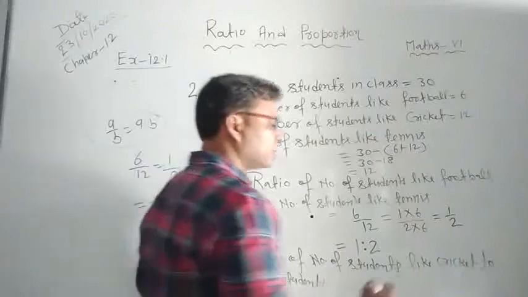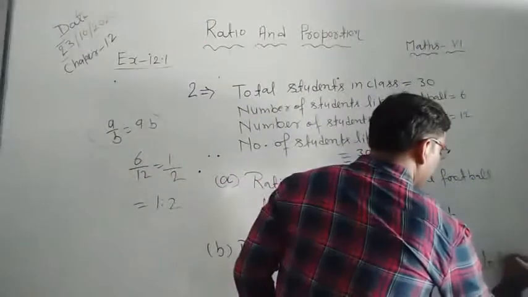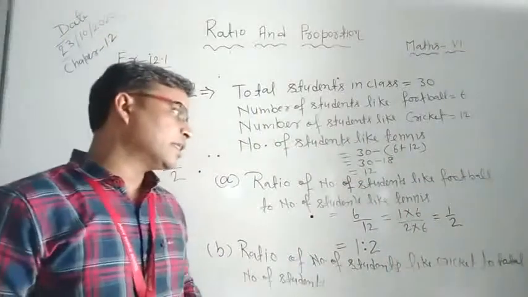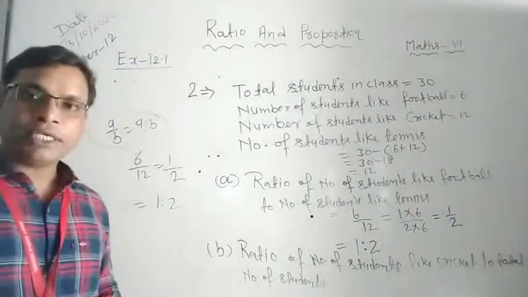You can find the ratio to the total. So, the ratio of the number of students who like cricket to the total number of students in the class.